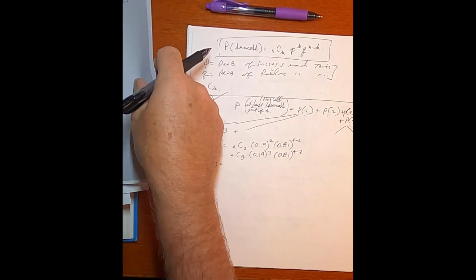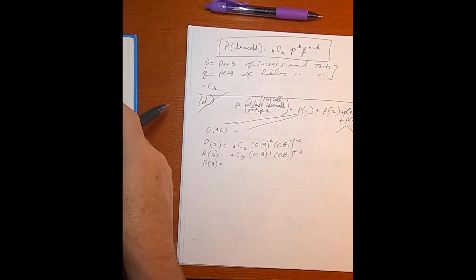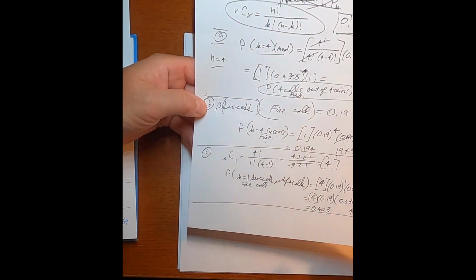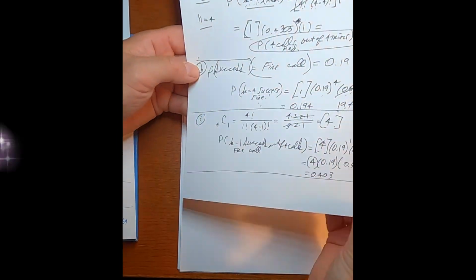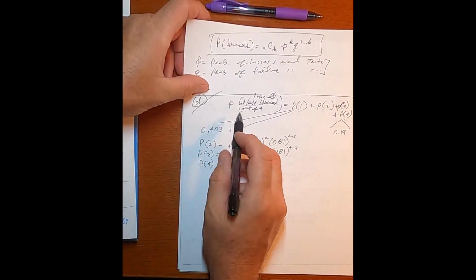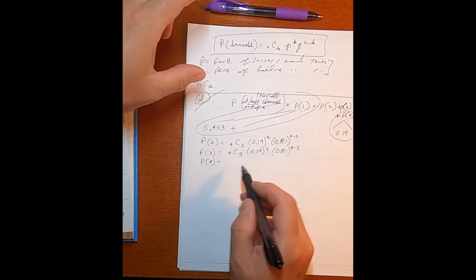That was part B, so that's 0.19. We've got part 1 and part 4. We need part 2 and 3.